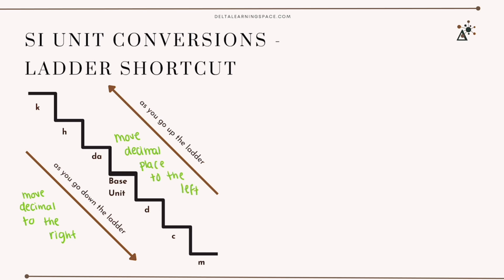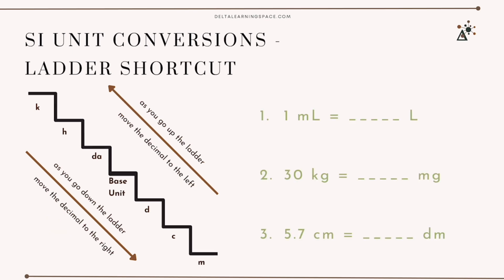Let's take a look at what that means in practice. In our first example problem, we are given mL and are looking for the equivalent measurement in liters. So we are going from milli to our base units. So we would start at our lowercase m, and that means we have to go up the ladder 1, 2, 3.